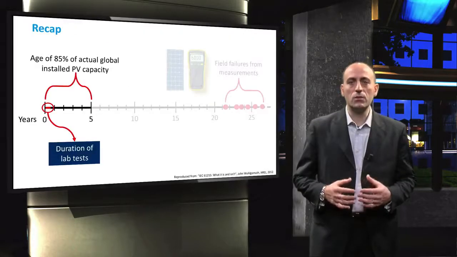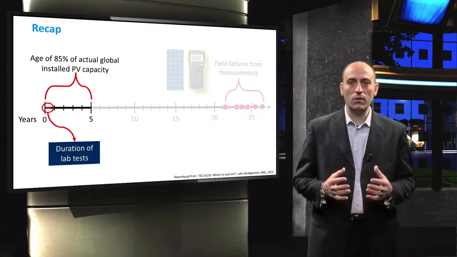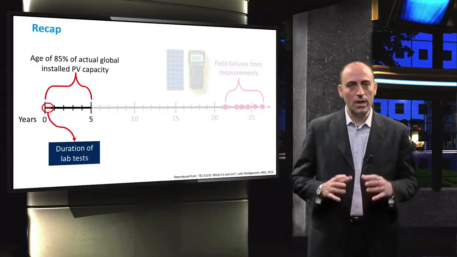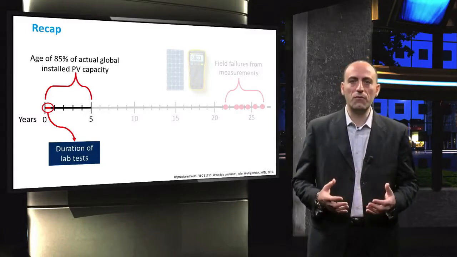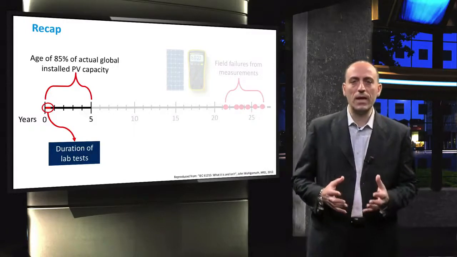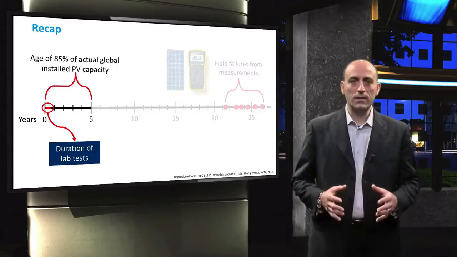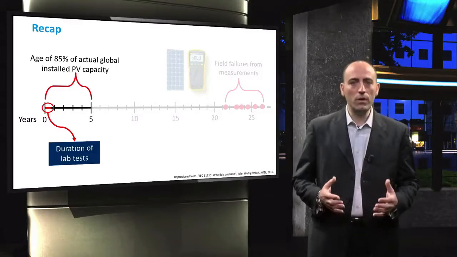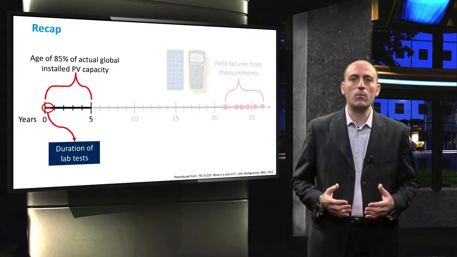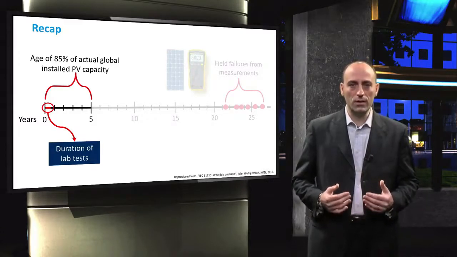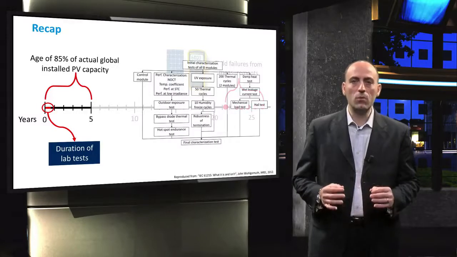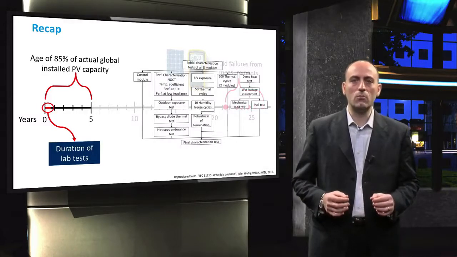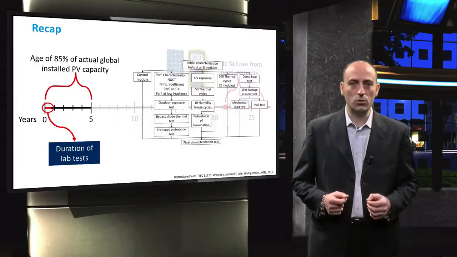This brings us to the end of the lecture series on reliability testing. In this lecture series, we have treated the difference between actual field measurements and lab testing. Testing modules in the laboratory is the only reasonable way to ensure a minimum quality of the module before it enters the market. The IEC standards provide the minimal quality standards for crystalline silicon modules, thin film modules, and concentration PV modules.